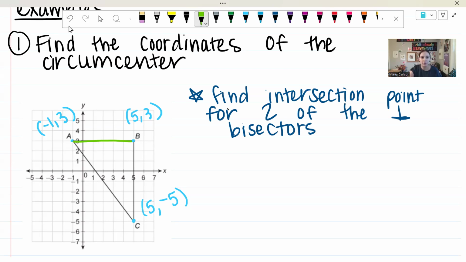So let's think about where the midpoint of AB would be. I'm going to find the average of my X and my Y coordinates. They have the same Y coordinate, so the midpoint should have the same Y coordinate.